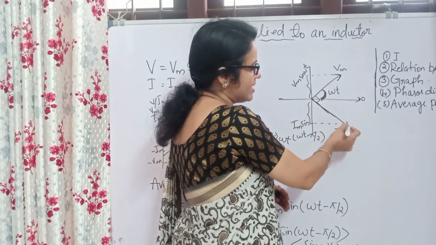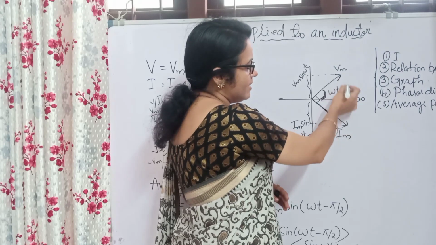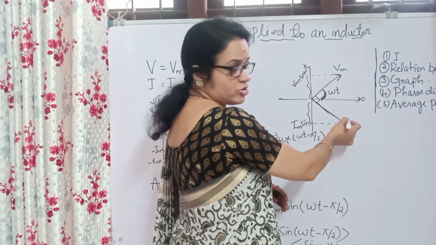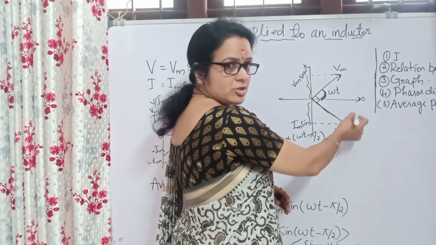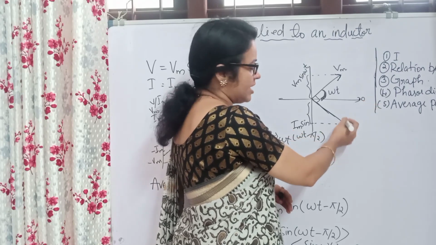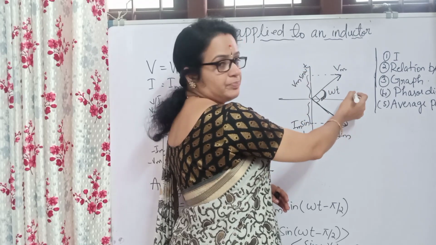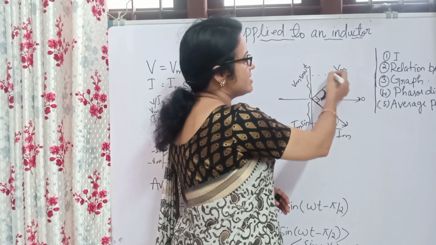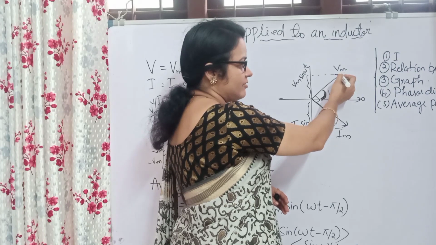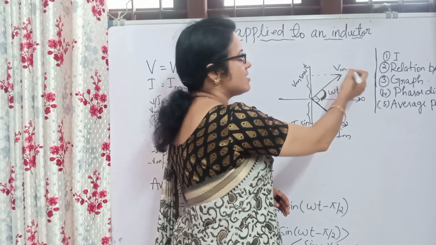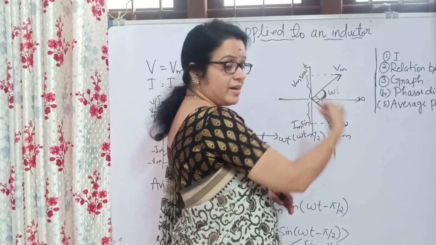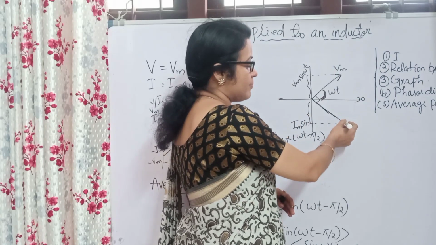So the phasor of the current is here, because here there is a difference of pi by 2. So this is negative, right? So this is before 0. That means here it will be rotating like this to get that 2 pi. So if we have reached the voltage, the current will be behind that by an angle pi by 2.